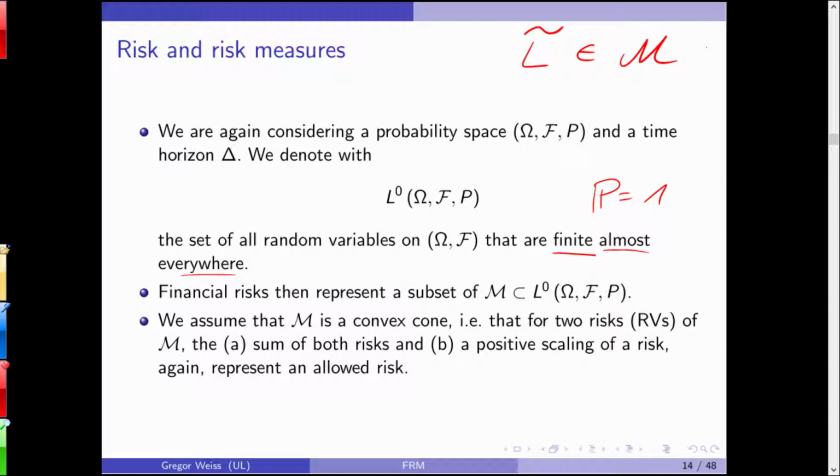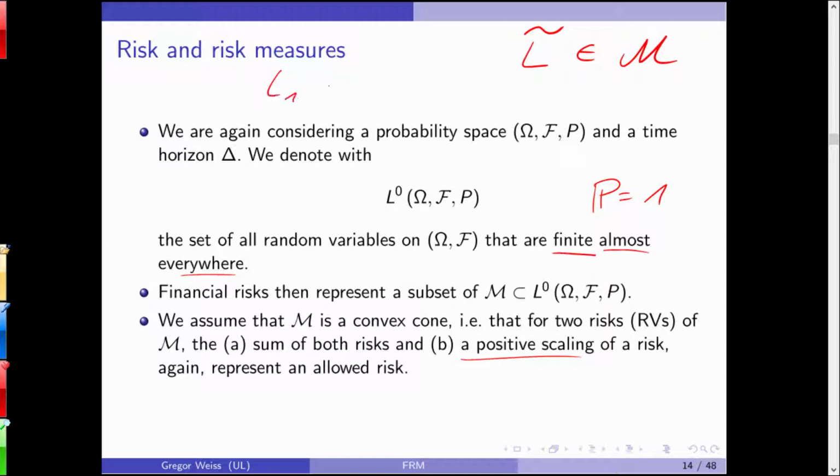Now we next assume that M is a convex cone. That is, for 2 risks or 2 random variables, the sum and a positive scaling of risks again represent an allowed risk.